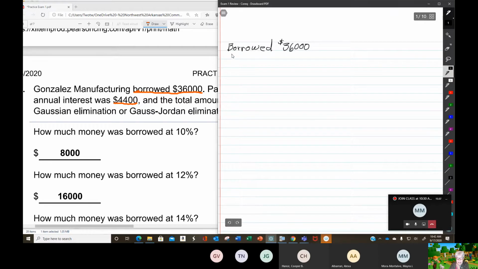And the annual interest, that's how much they're going to pay for that $36,000, is $4,400. Okay, and they're borrowing at interest rates.